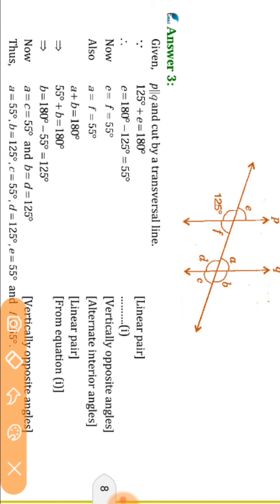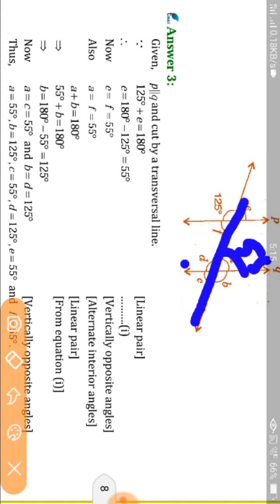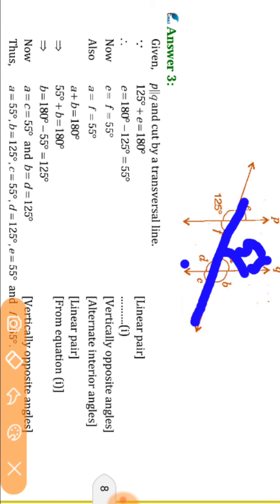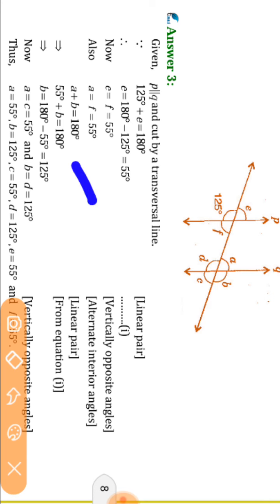Now you got A, so we can use A plus D is equal to 180, or A plus B is equal to 180, because these are a linear pair, so the sum of these two is 180 degrees. Or A is equal to C also, because they are vertically opposite angles.